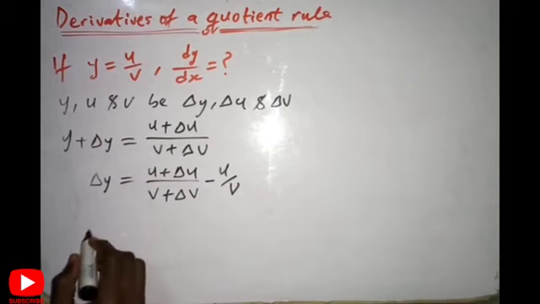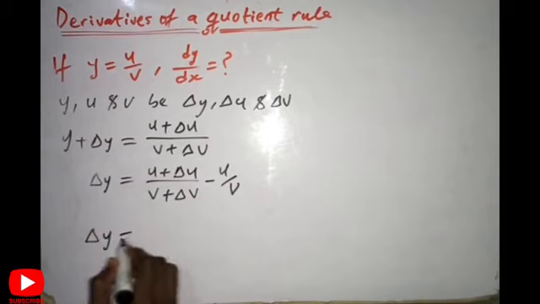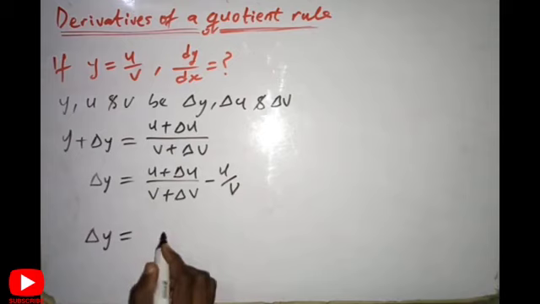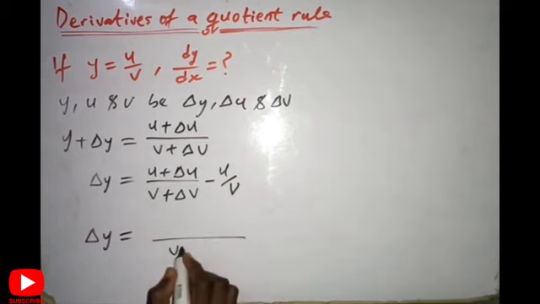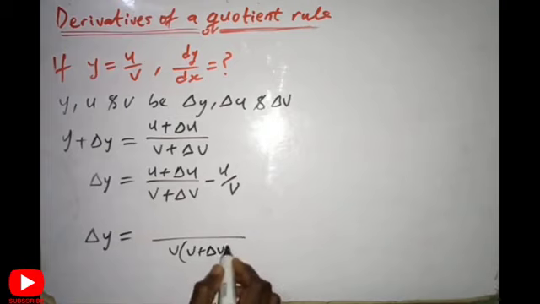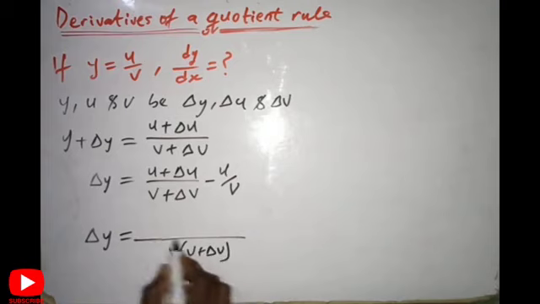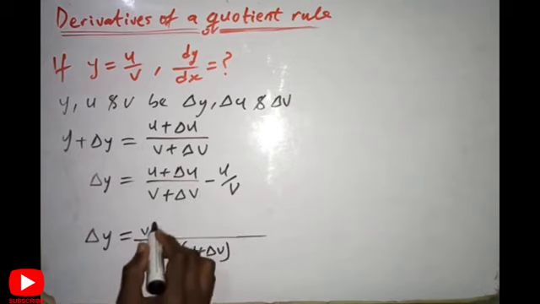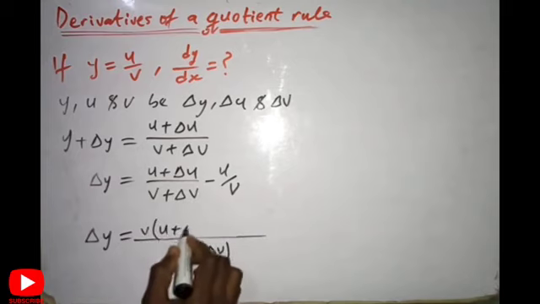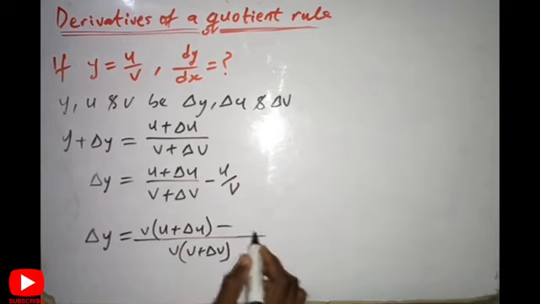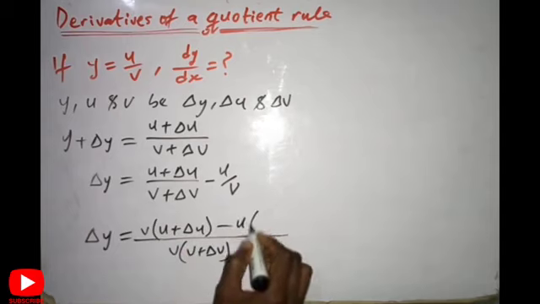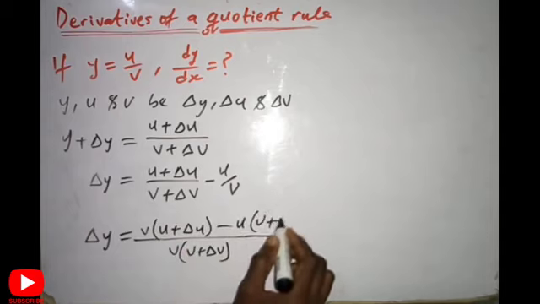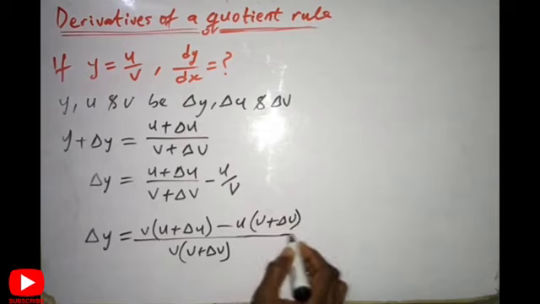Now delta y will be equal to, the LCM for this will be v into v plus delta v. Now if this goes into v plus delta v, it will remain v. So we have v into u plus delta u minus, and as well this one will be u into v plus delta v.